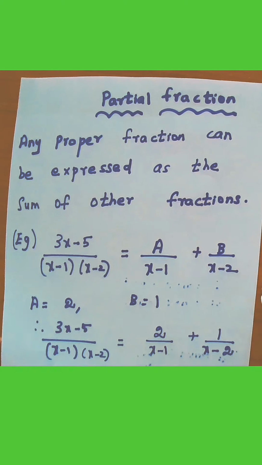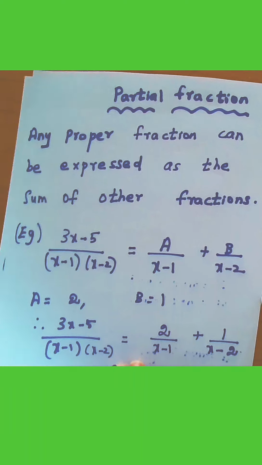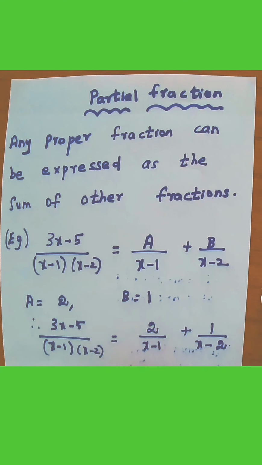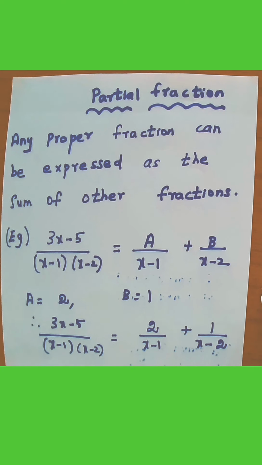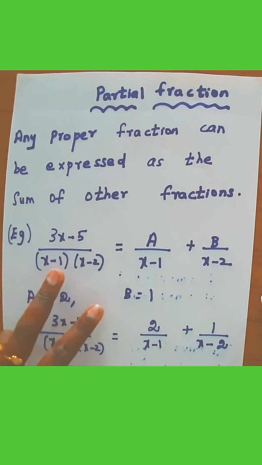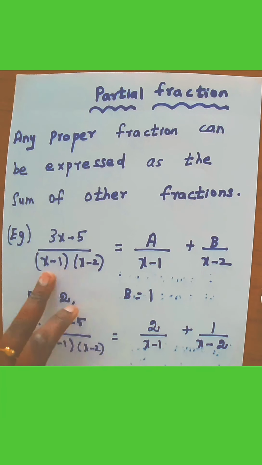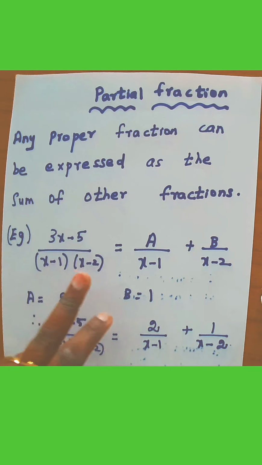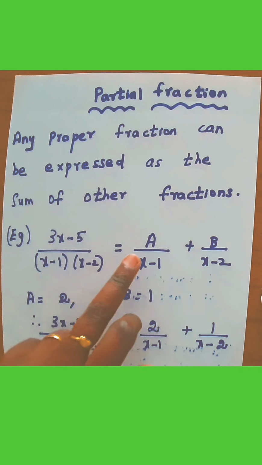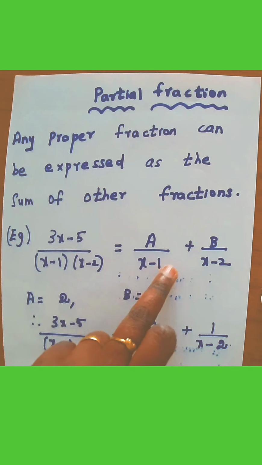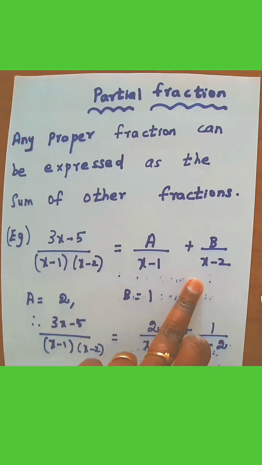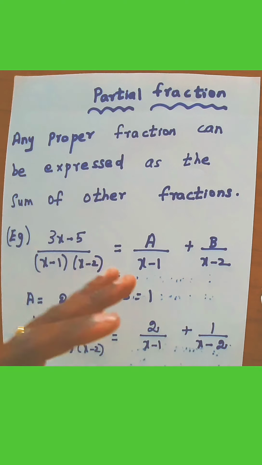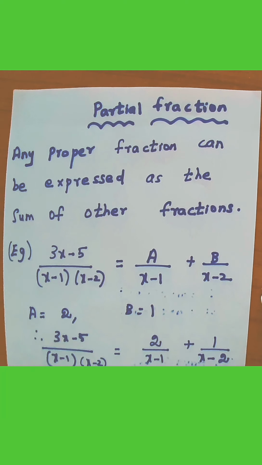So what we discussed about partial fraction: any proper fraction which can be expressed as the sum of other fractions. In this example, the denominator has two factors, x minus 1 and x minus 2, so I can write this as a by x minus 1 plus b by x minus 2. It is a sum of two fractions.